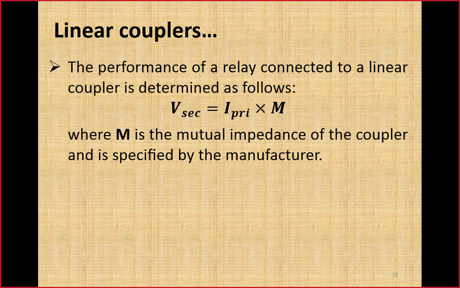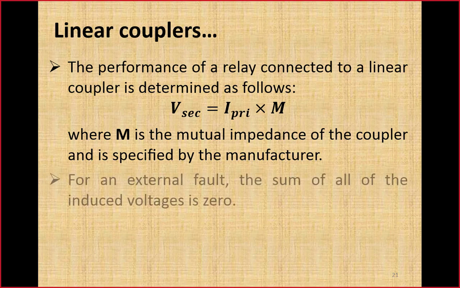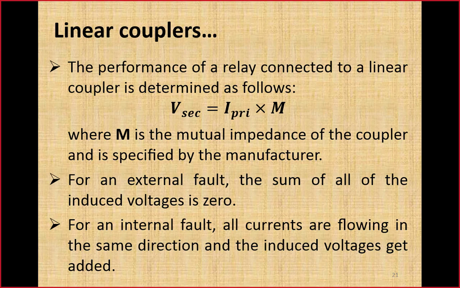This is known as the factor by which the current is converted into voltage in a linear coupler. For an external fault, the sum of all of the induced voltages is 0, and for an internal fault, all the currents are flowing in the same direction and the induced voltages get added and we get a net voltage across the relay.